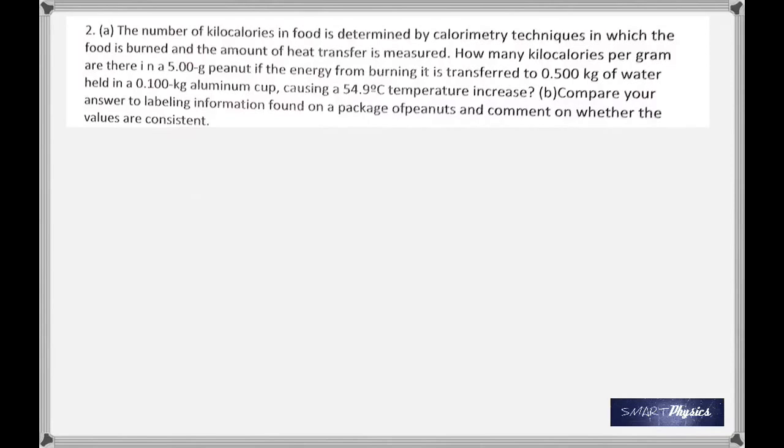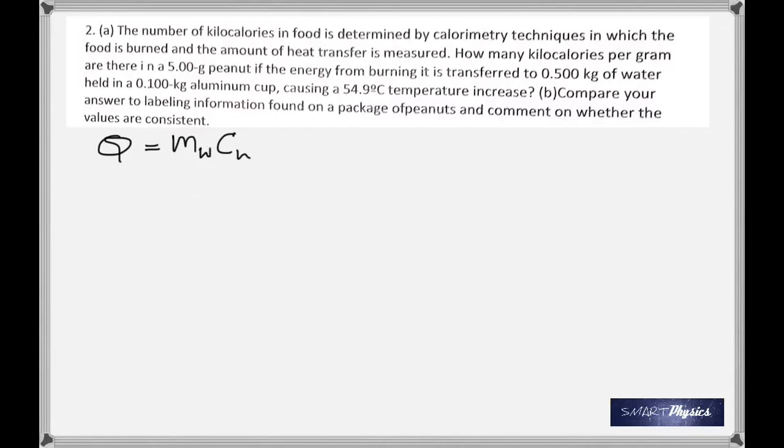Here it's talking about how many kilocalories per gram are there in a 5-gram peanut, if the energy from burning it is transferred to 0.5 kilogram of water held in a 0.1 kilogram aluminum cup, causing a 54.9 degrees Celsius temperature increase. And it says compare your answer to the labeling information on the package.